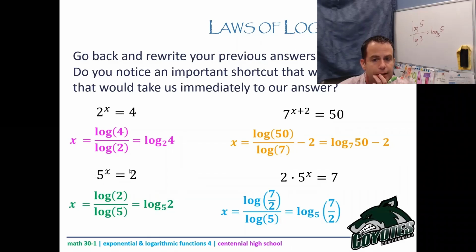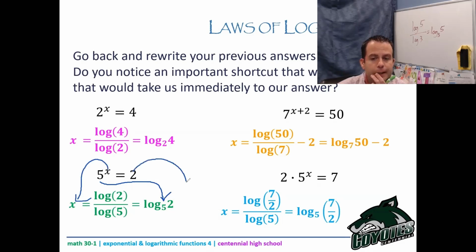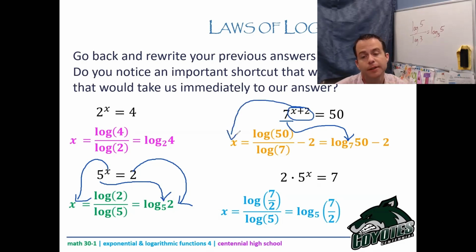Same thing here. Take a look at this for a sec. The base became the base. If I was locked, I'm free. And if I was free, I'm locked. Okay? The base became the base. If I was locked, I'm free. Now we freed it and then we subtracted 2.